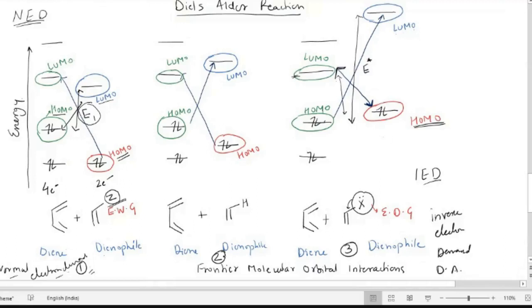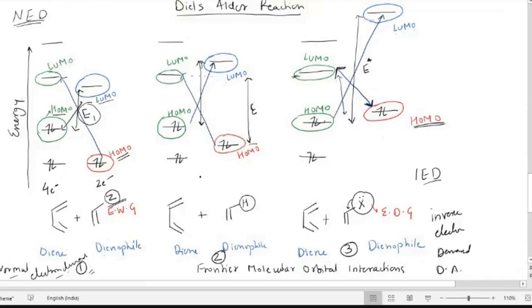Now come to the case number 2. Here you have hydrogen. Hydrogen is not electron donating, not electron poor. Now if you see the energy difference between HOMO of diene and LUMO of dienophile, this is the energy gap, and even if you see the energy gap between HOMO of dienophile and LUMO of diene, again it is having this much energy. So there is not much difference in the energy in case number 2.